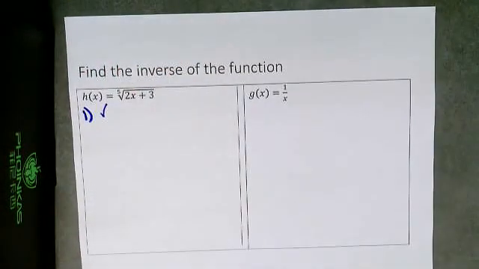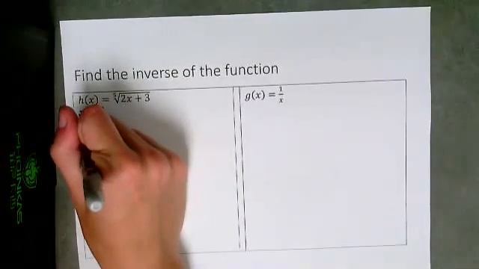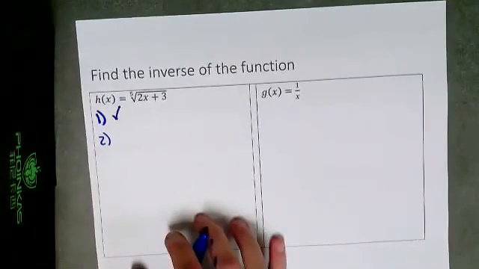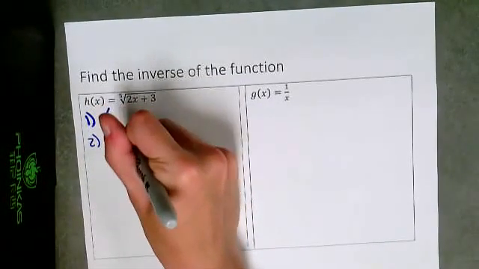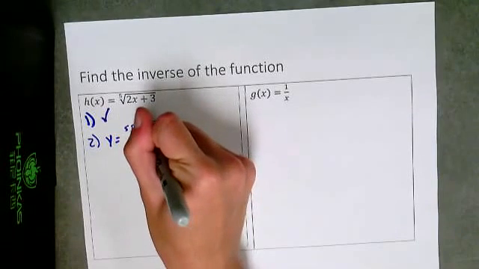Give a quick sketch of a 5th root of x function, and it will pass the horizontal line test. Next, let's replace h of x with y: y equals the 5th root of 2x plus 3.